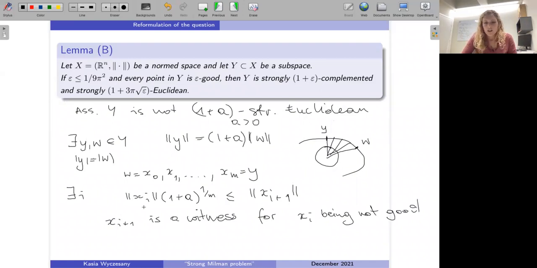Okay. So what does this mean? I'm looking at the expression of the epsilon good point. So I need to look at the scalar product of x i plus 1 and xi. And here I have the norm of x i plus 1, because I want x i plus 1 to be the witness. By witness, I mean this will be the point for which the inequality doesn't hold, of course.